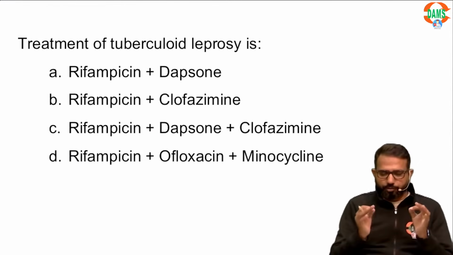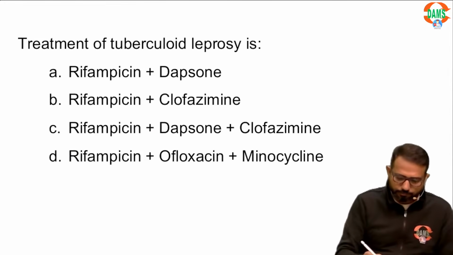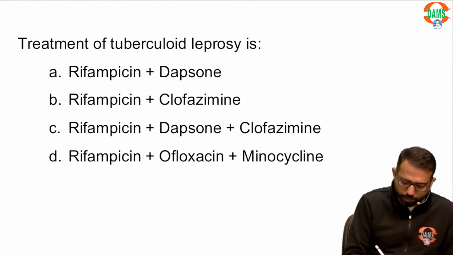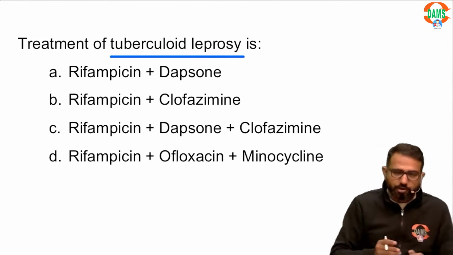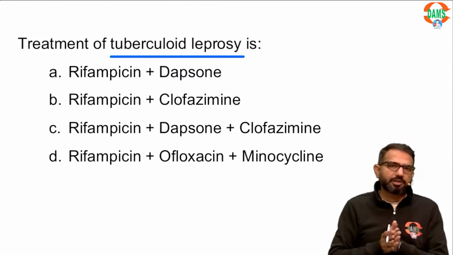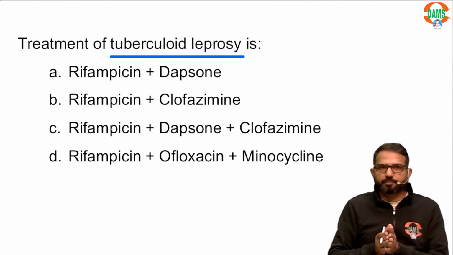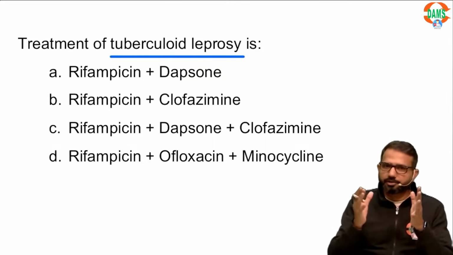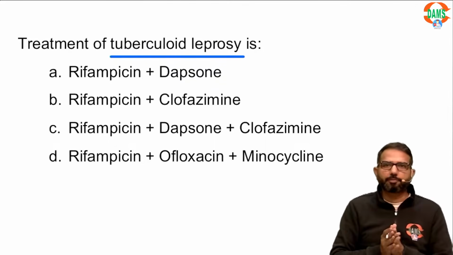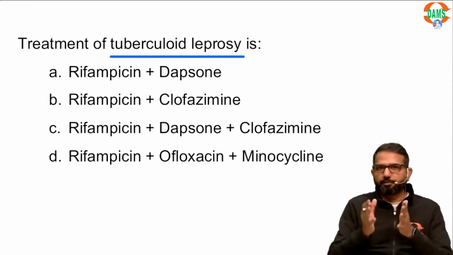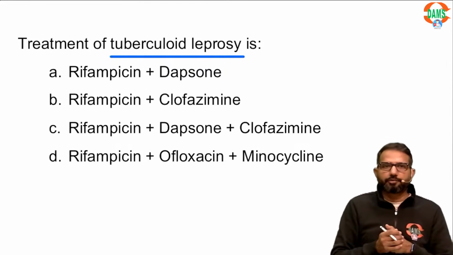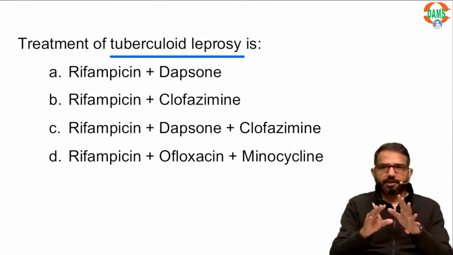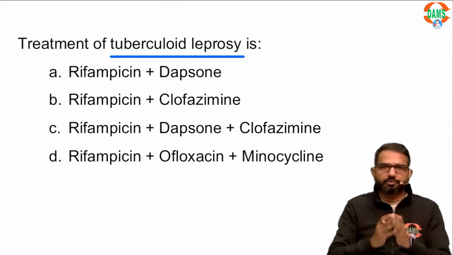Now comes the next question. Treatment of tuberculoid leprosy. So we have the multibacillary and paucibacillary types. In the past, the treatment was different, but now the treatment is the same.